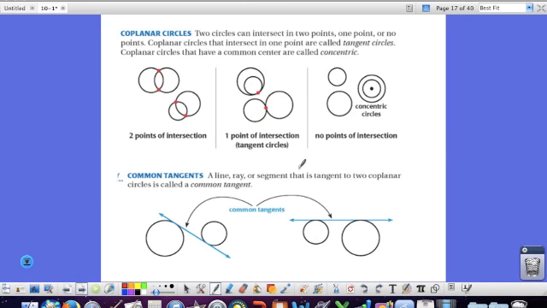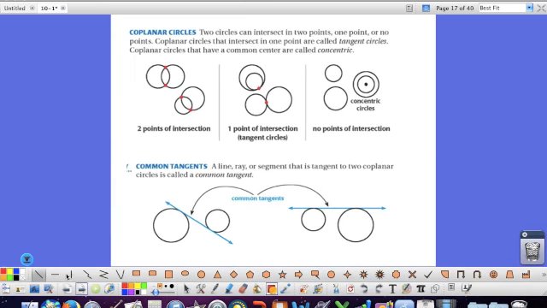A line, ray, or segment that is tangent to 2 coplanar circles is called a common tangent. So even though these have no points of intersection, they have a common tangent. These have a common tangent here. They also could have a common tangent there.